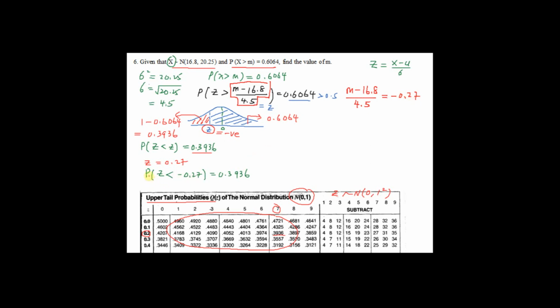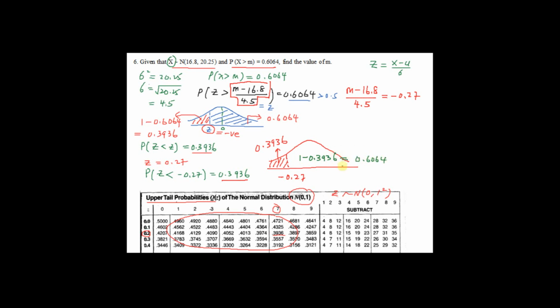We know that the probability z less than negative 0.27 is 0.3936. So the area on the other side should be 1 minus 0.3936, which is 0.6064.